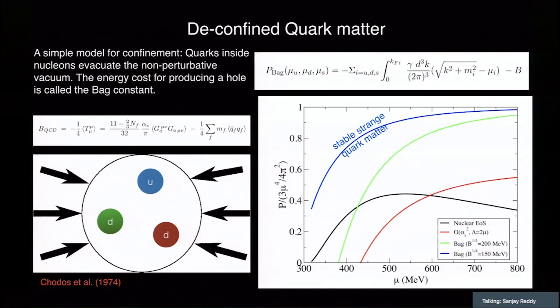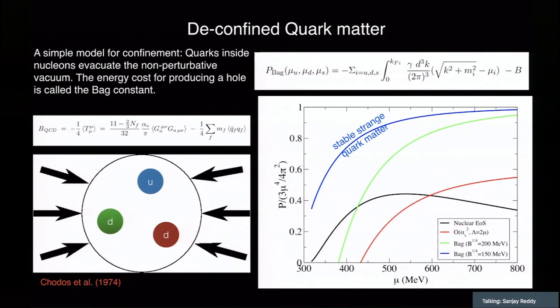Basically, the idea, which was proposed in the mid-1970s by people at MIT, Chodos, Bob Jaffe, and others, was to realize that the QCD vacuum is non-trivial, because the QCD vacuum has these strongly interacting particles. It's got the gluons, and the gluons are strongly coupled, so they condense and they give rise to an expectation value for this gluon field operators.